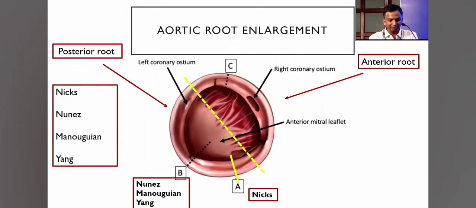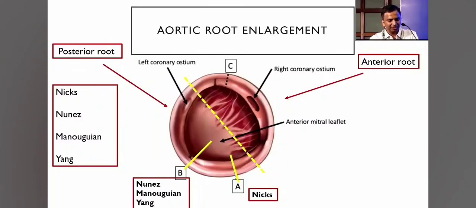The Nunez is exactly similar to the Nicks procedure, where you just go up to and across the annulus, whereas for the Manouguian, you go much farther in, cross the aortomitral curtain and enter into the base of the anterior mitral leaflet. Concomitant with this, you also enter into the roof of the left atrium.